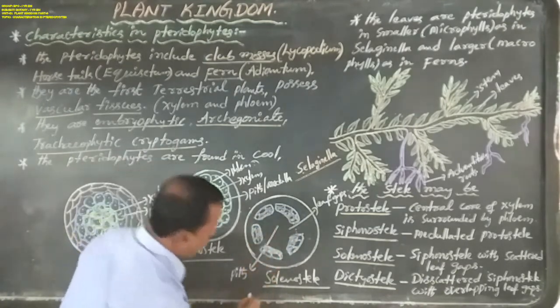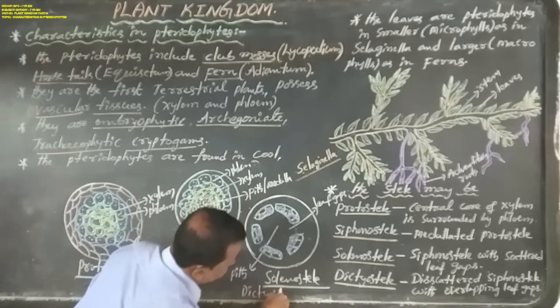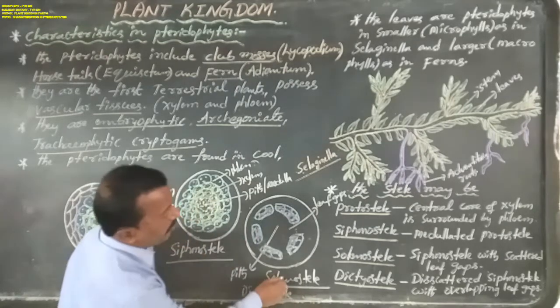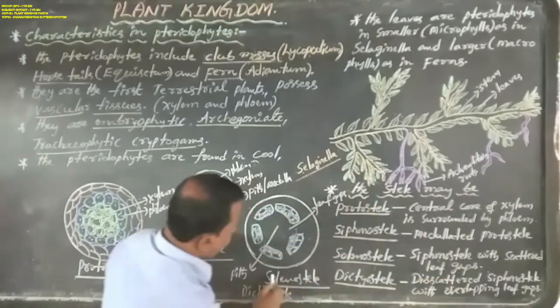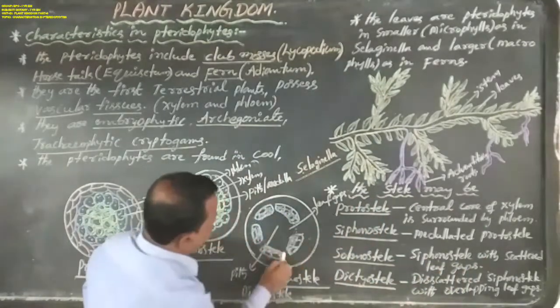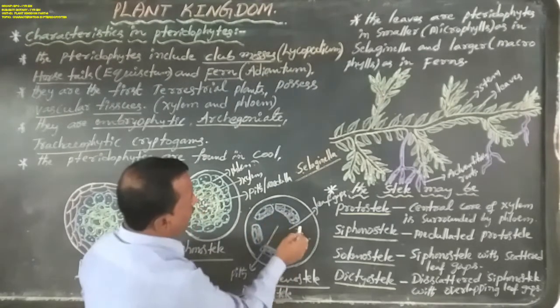That is dictyostele, siphonostele with overlapping leaf gaps.